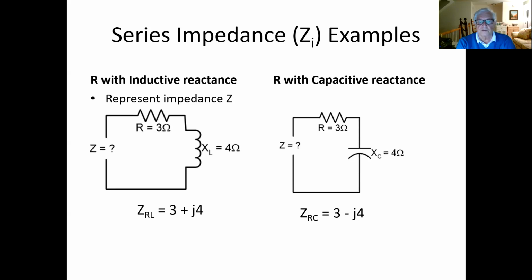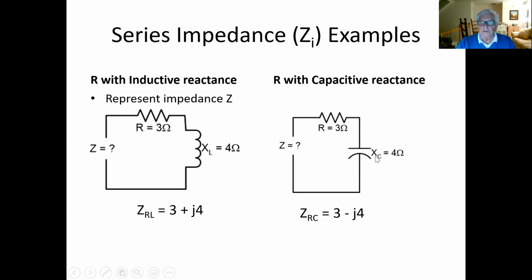Here, we're just going to make it a linear equation, to say you've got a real part and an imaginary part, because there's a 90-degree difference between the two. In this case, for a resistor in series with an inductor, we've got 3 real plus j4 imaginary, plus because of the plus 90 degrees.